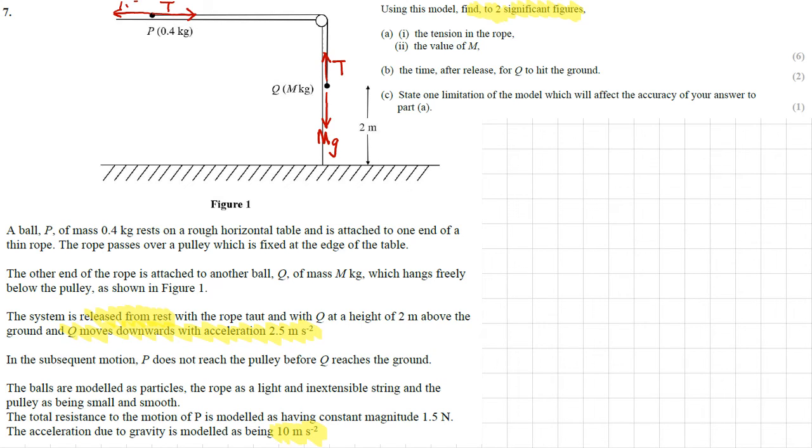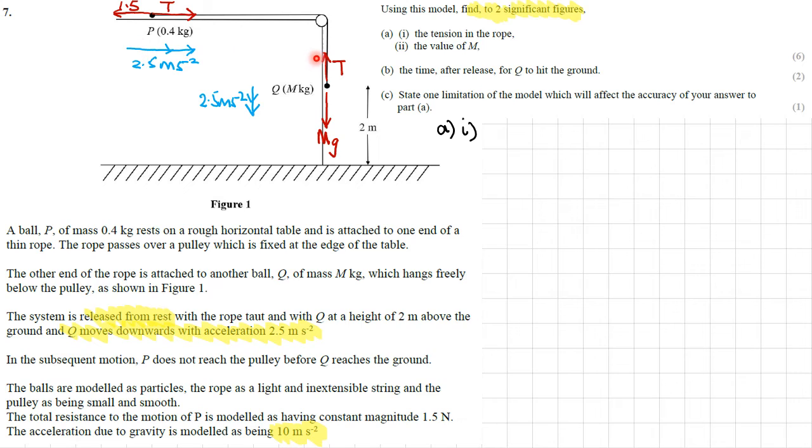Let's stick 1.5 there. The directions they're moving in: Q is moving down with acceleration 2.5 meters per second squared. P is moving to the right with acceleration 2.5 meters per second squared. They have the same acceleration.